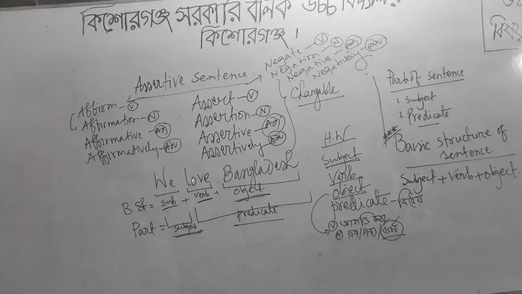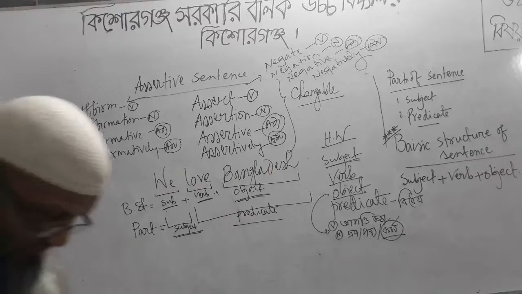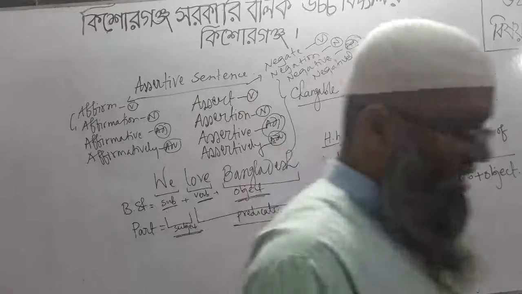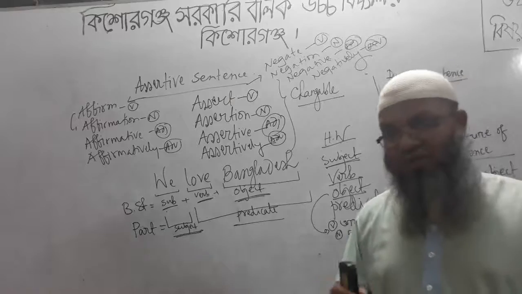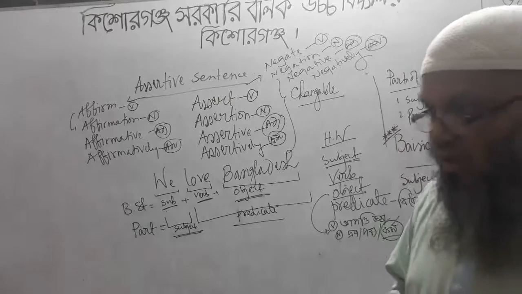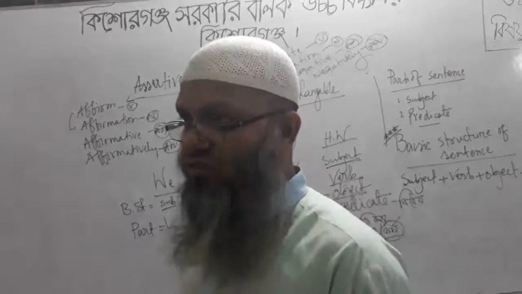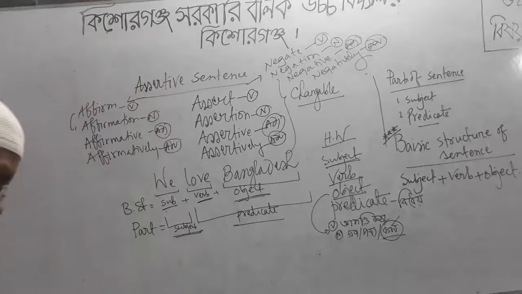After the subject, the next part of the sentence is called the predicate. Okay, so subject means the word that does the main task of the sentence, and the rest of the part of the sentence, the whole part, is called the predicate.